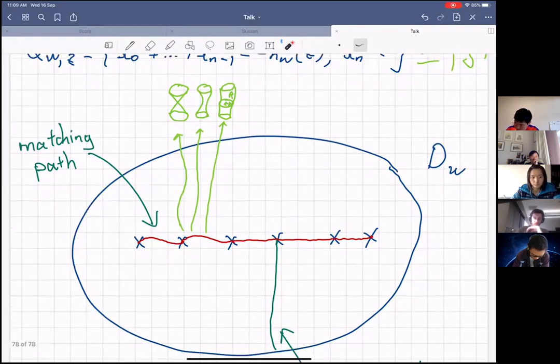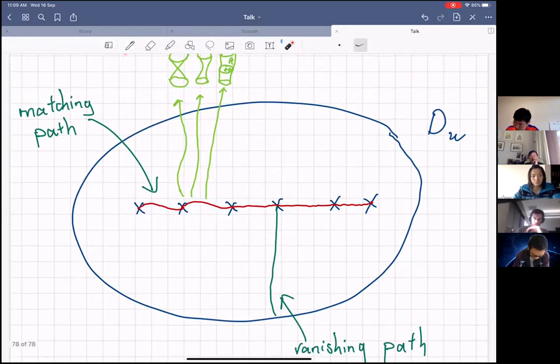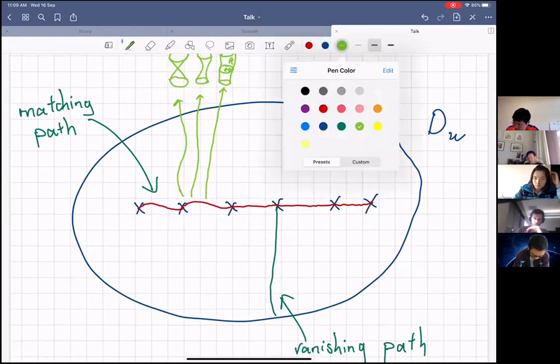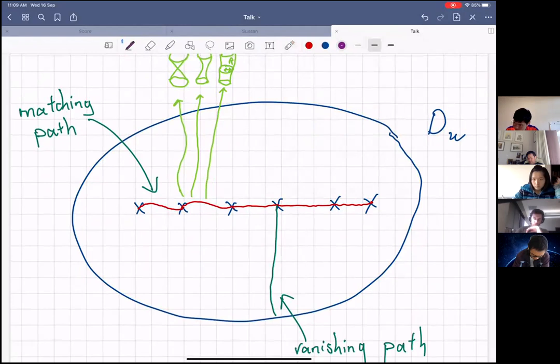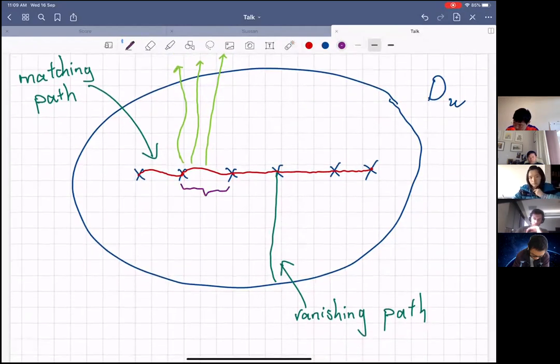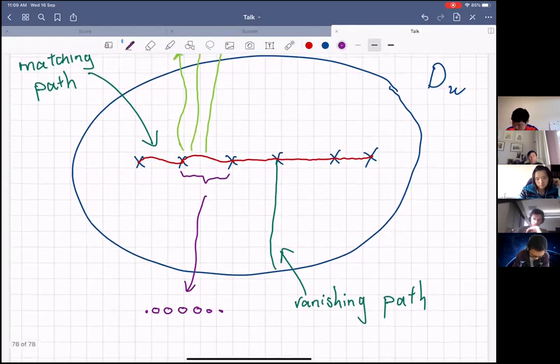So for example, for this particular curve here, you can think of it like you take a point, and then the next one you get some circle, some circle, some circle, and then it becomes a point. And then you join them together.